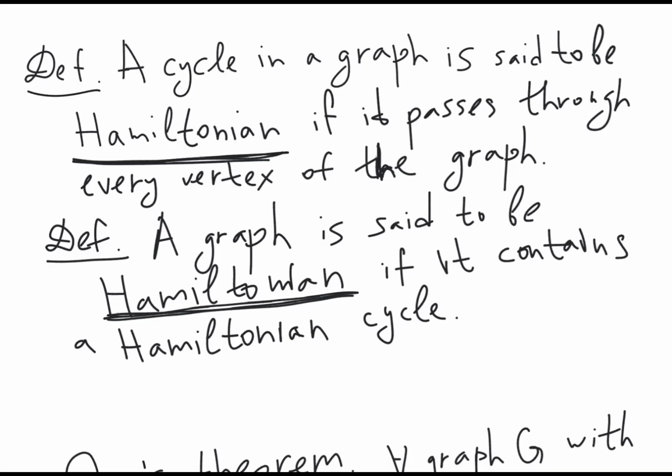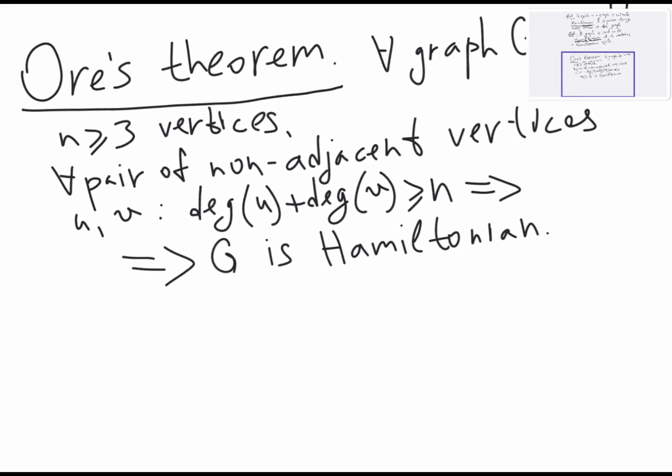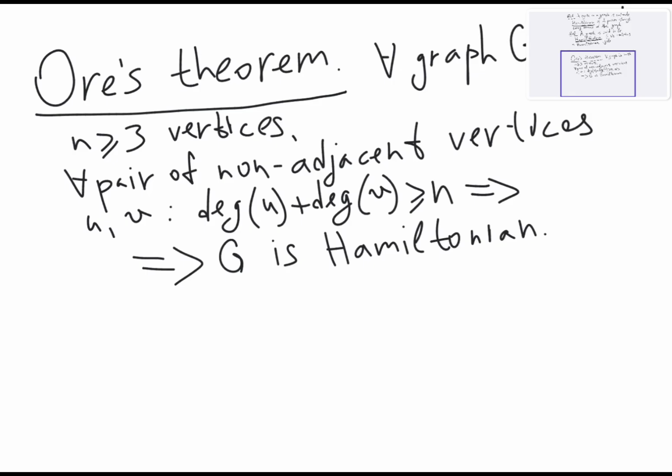Now Euler's theorem is essentially a sufficient condition for a graph to be Hamiltonian.